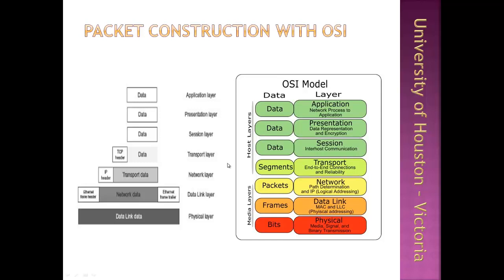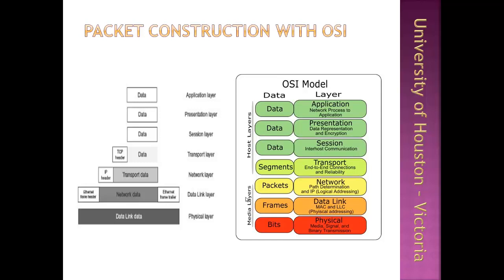Then the TCP layer sends this packet, which includes the TCP header, down to the network layer. The network layer attaches an IP header to your transport data, and that is in effect to show where this packet is going to go and how it's going to be delivered to the other end of the system.